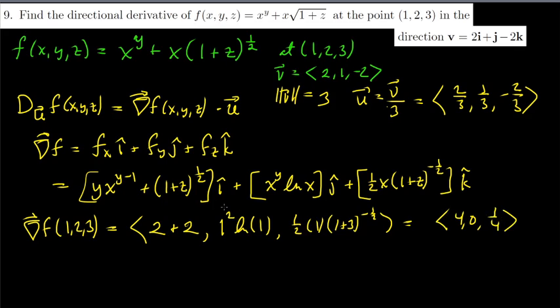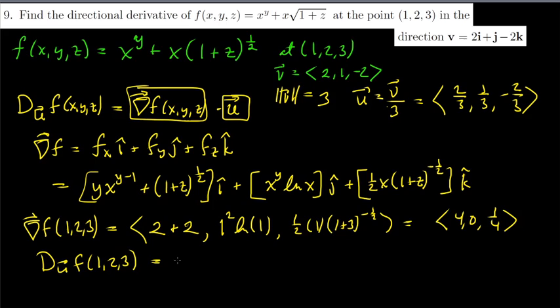Okay, so that's the gradient, and then we just need the dot product with u. So the directional derivative of the function f in the direction of u is the dot product of (4, 0, 1/4) with (2/3, 1/3, -2/3).